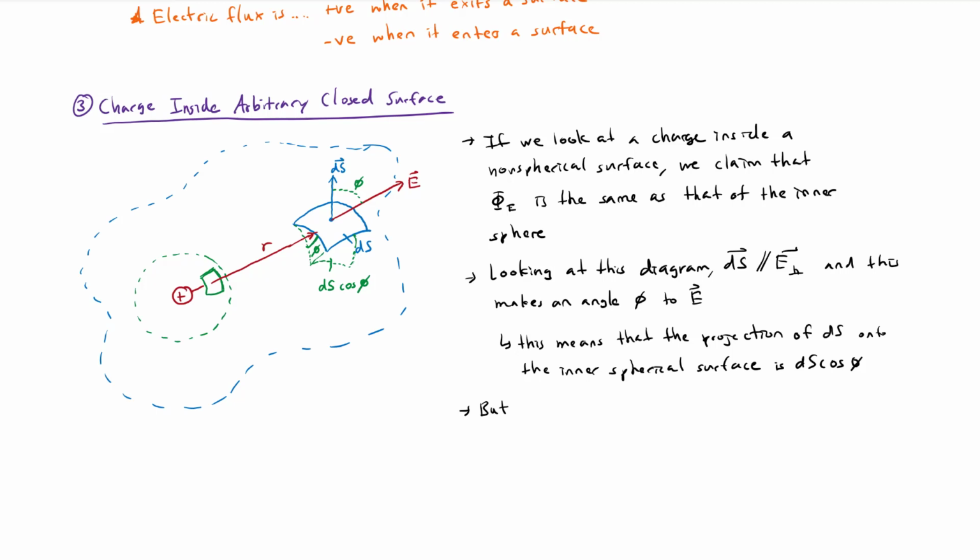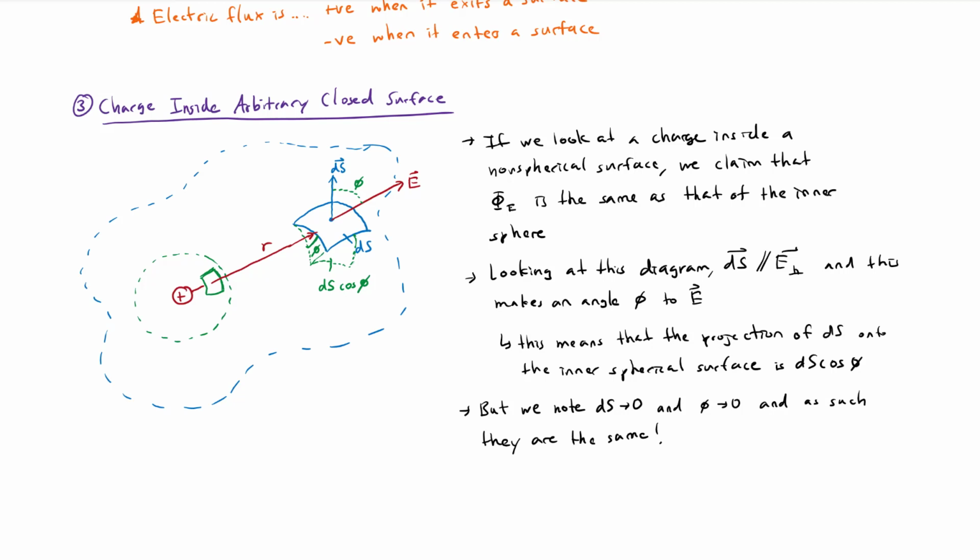But when we're talking about differential surface elements, when we want to integrate that, we're taking very, very tiny pieces of that surface. So we note that the ideal value of dS is going to approach 0, and therefore, because of that, phi is also going to approach 0, and as such, we can assume that they are the same.